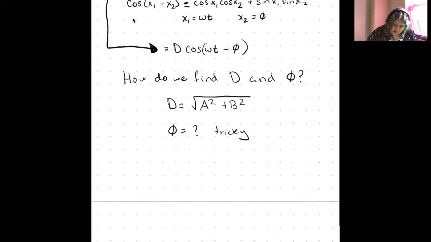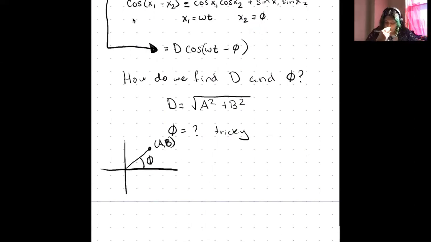So first, I'm going to look at this simple case where my A and B are in this first coordinate system, or in this first quadrant, I mean.